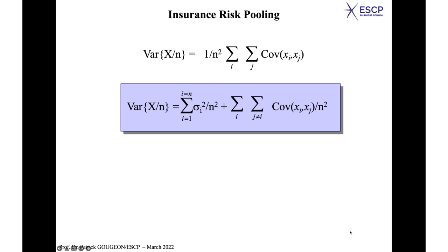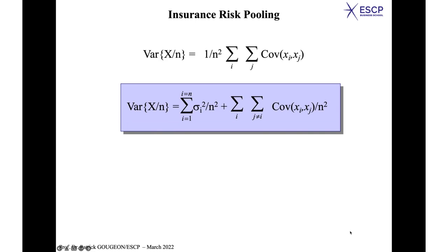Okay, so the first block is the sum of all the variances over n squared, plus the double sum for i different from j of all the covariances over n squared.